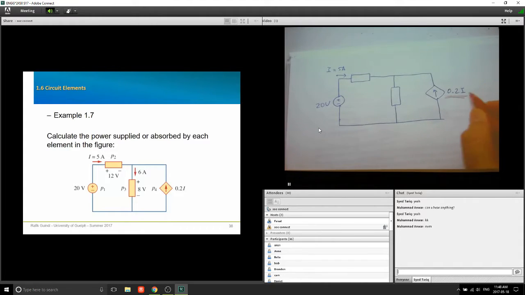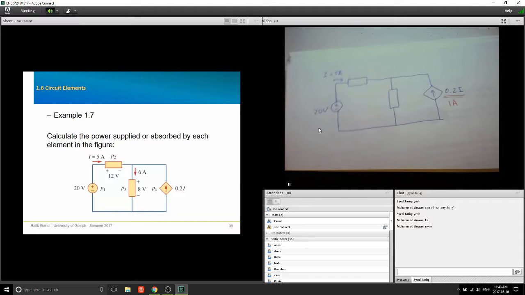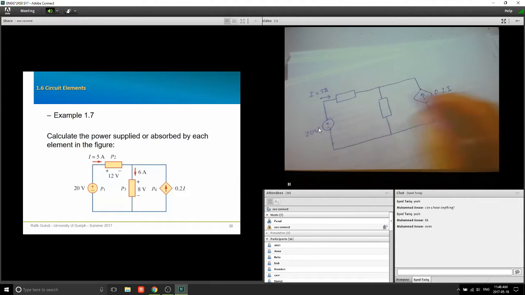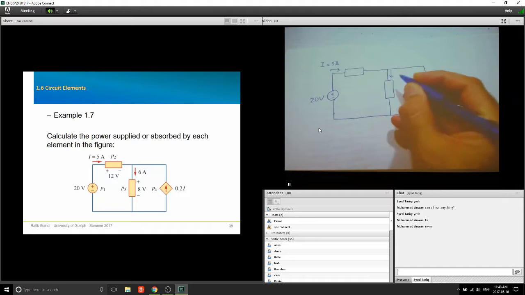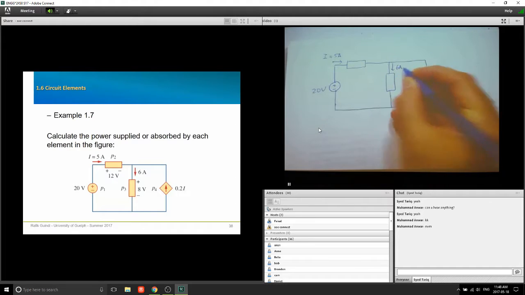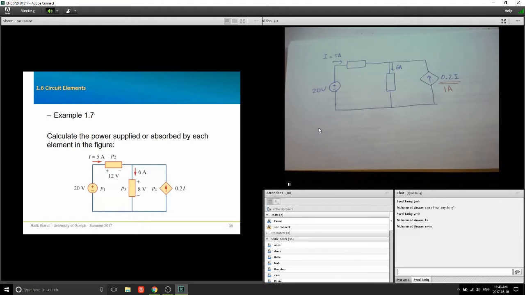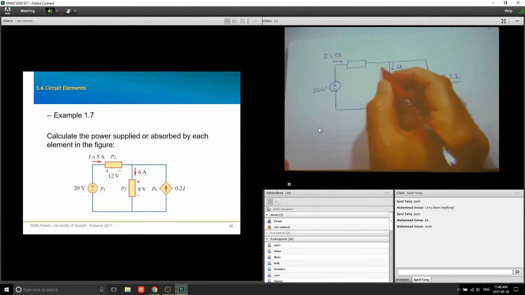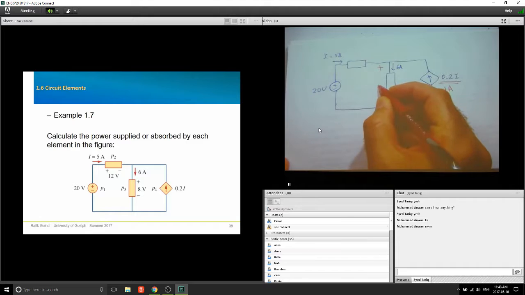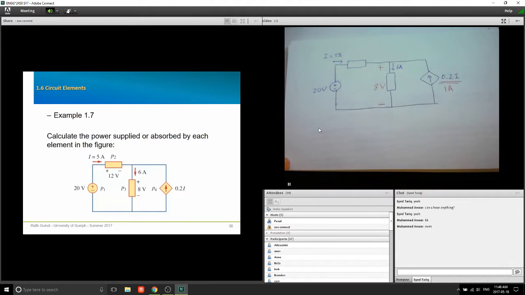So from that, you would know that this one here is 5 amps, and this is 0.2 I. So the current source here has a value of 1 amp. So what else do we have? We have a current flowing vertically here of 6 amps. I have a voltage difference between this node and this node of 8 volts.